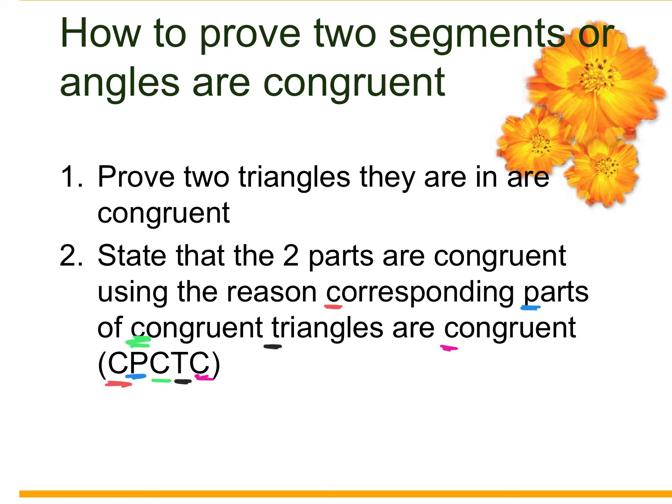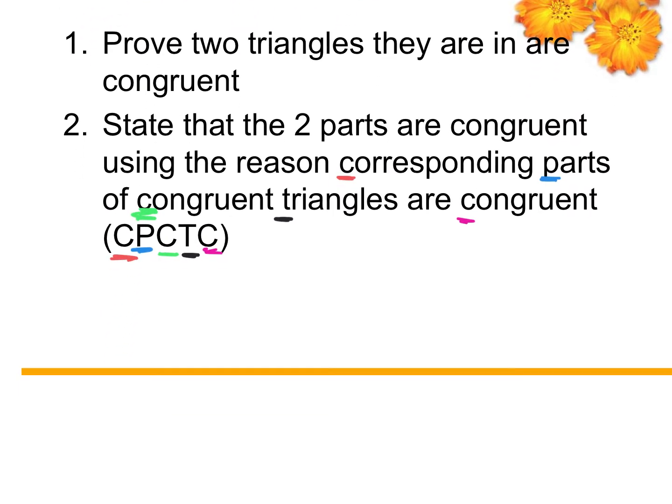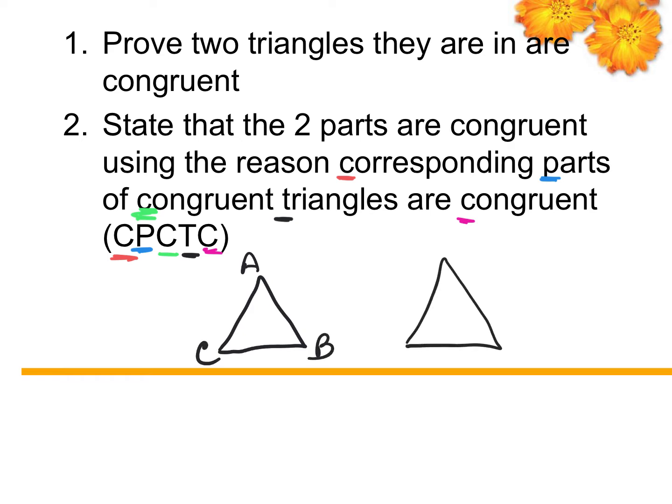So for example, if I draw 2 triangles here, I'm going to call one of them ABC. And then the other one will be DEF. I'm going to add some congruency marks.